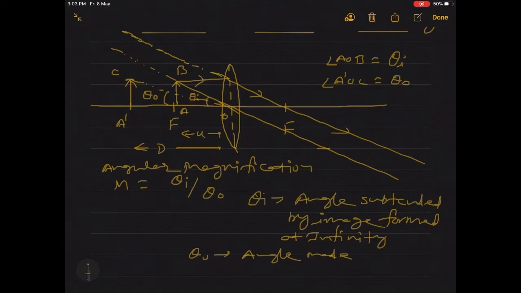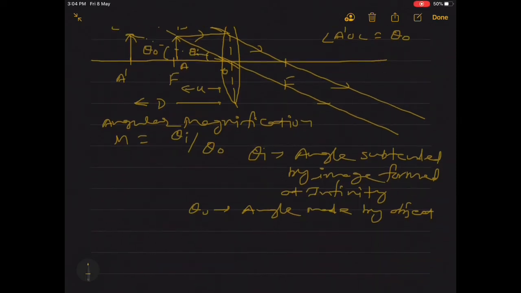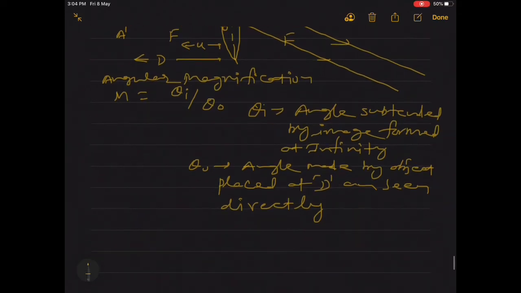Angle made by object placed at D and seen directly. So the rest of the terms will be dealt with as they were in the last case.